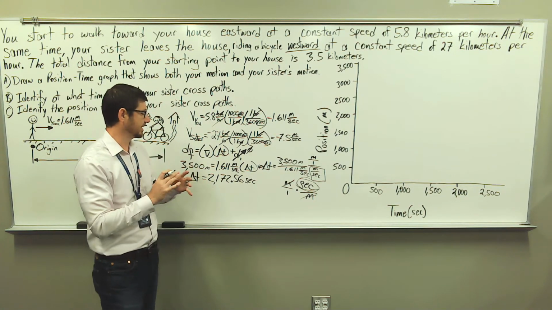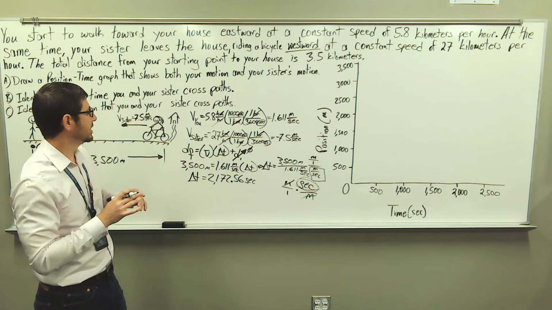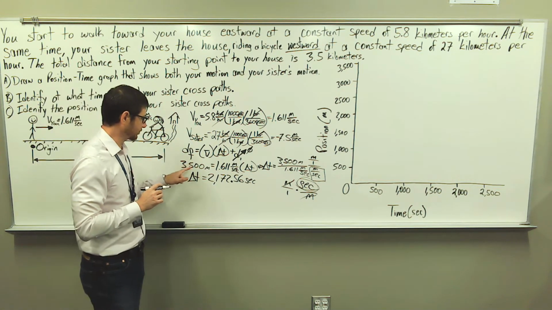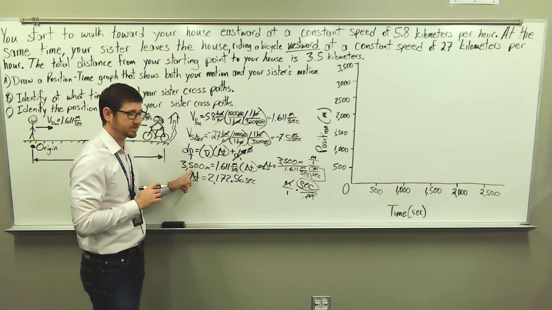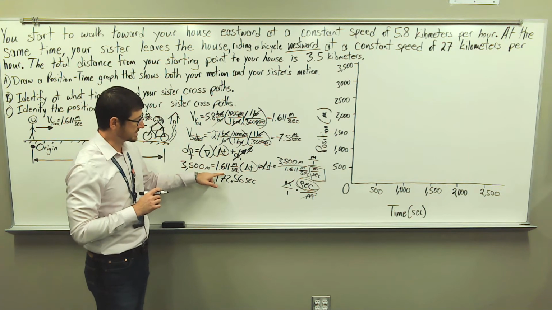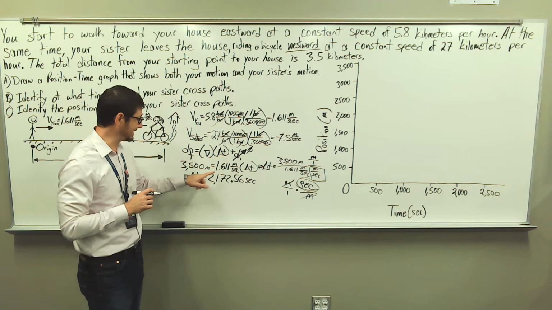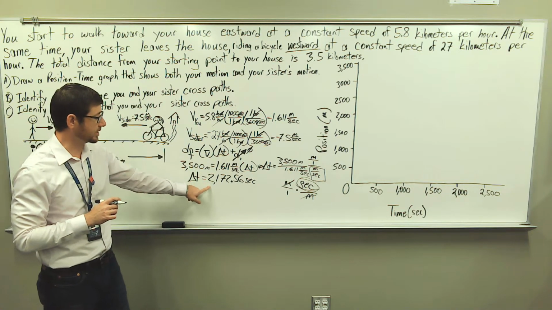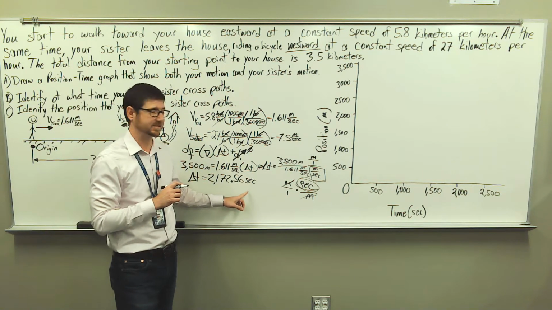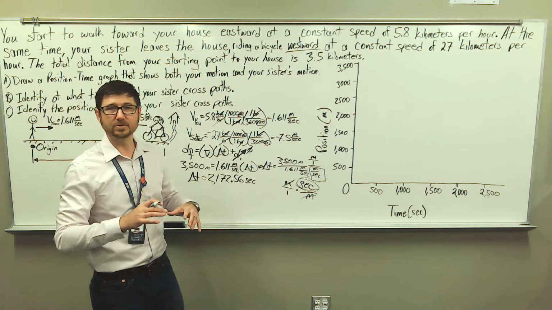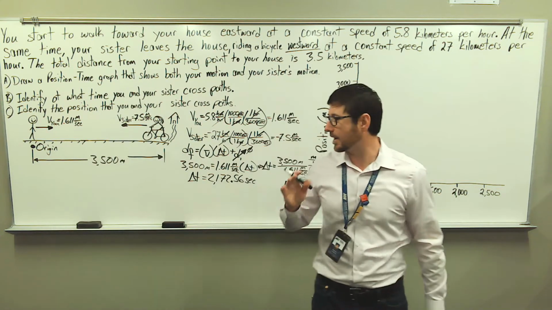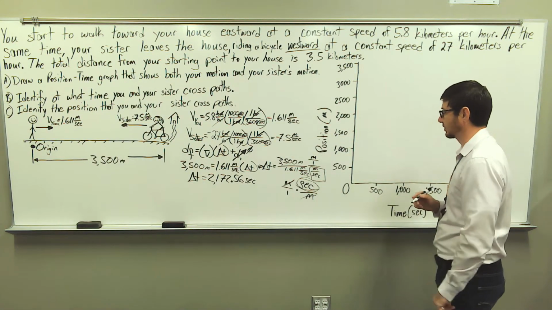Okay? So what this is really telling us is that for us to travel 3,500 meters moving at 1.611 meters per second, it will take us 2,172.56 seconds. And what we can do is actually graph this on our position time graph, okay?